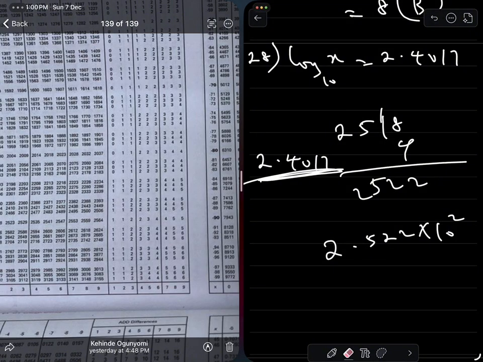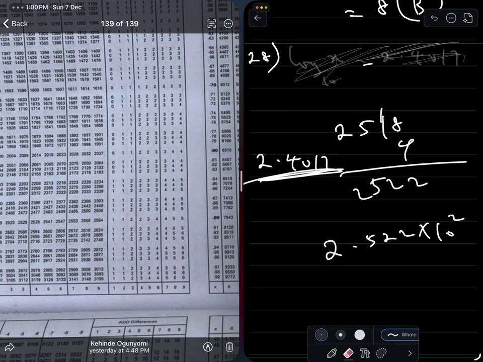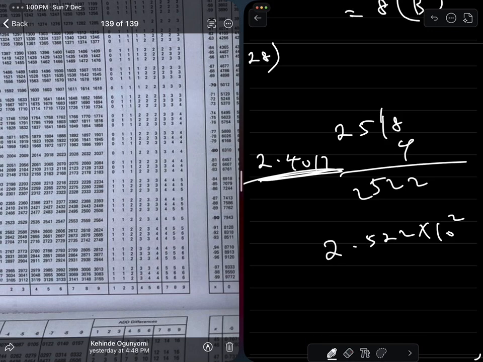So we can put it this way. Let the logarithm of x to base 10 equal 2.4017.